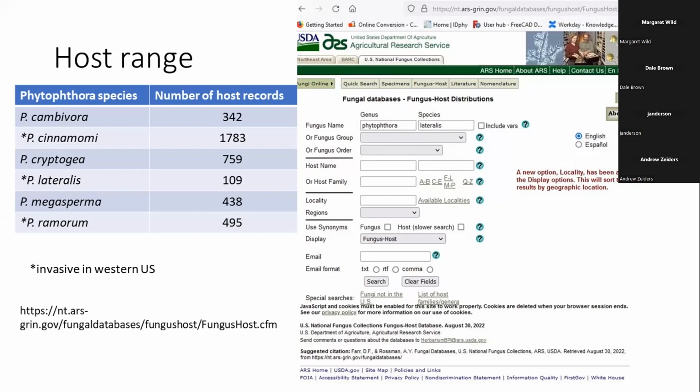Whereas cinnamomi has upwards of 1,700 records on different hosts and locations. So it's all over the place. It has a lot of hosts. Some of these others, such as Cryptogaea, megasperma, are very common in nurseries. They can cause damage just like cinnamomi and these others can too, but they're not invasive.